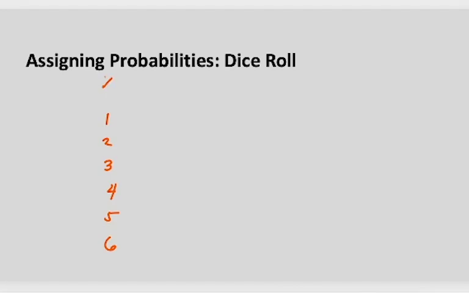And we will denote this as the variable x because this is the random variable. The next one is the probability, that is, the function of the random variable x.